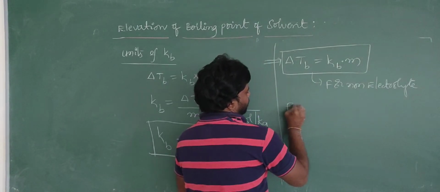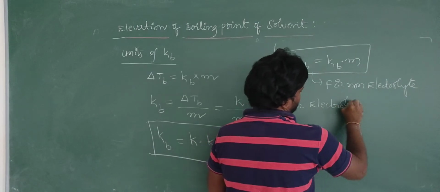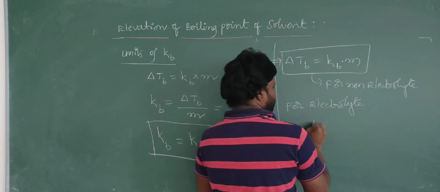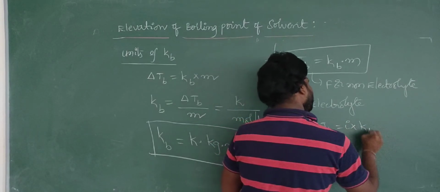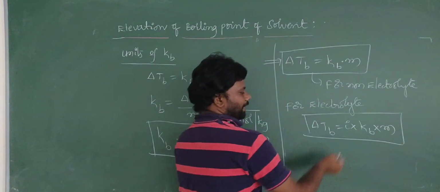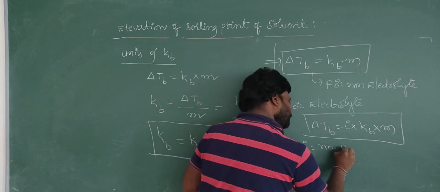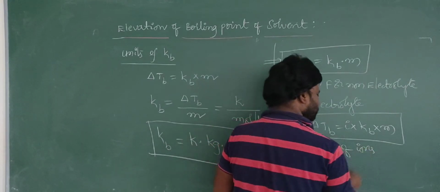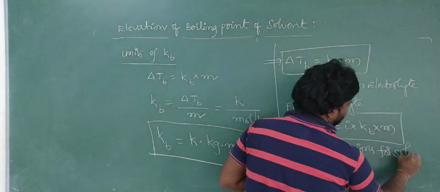For electrolytes, delta TB is equal to i into Kb into m. Here i is the van't Hoff factor. i is equal to the number of ions from the solute.